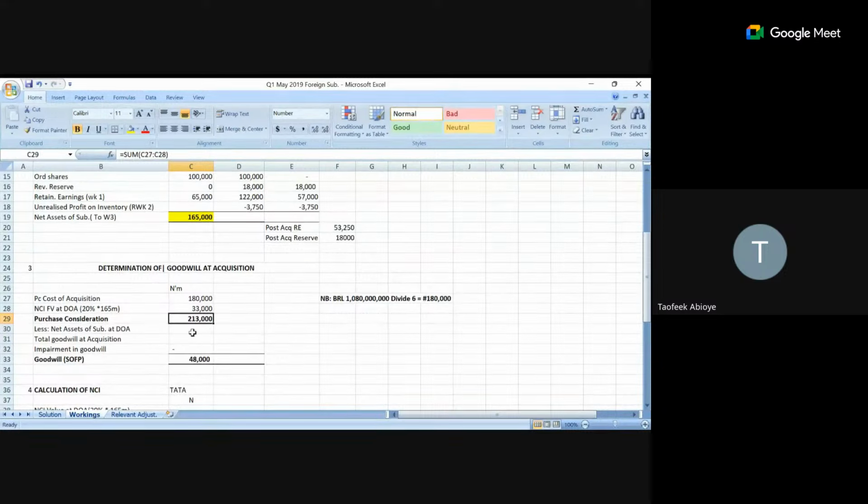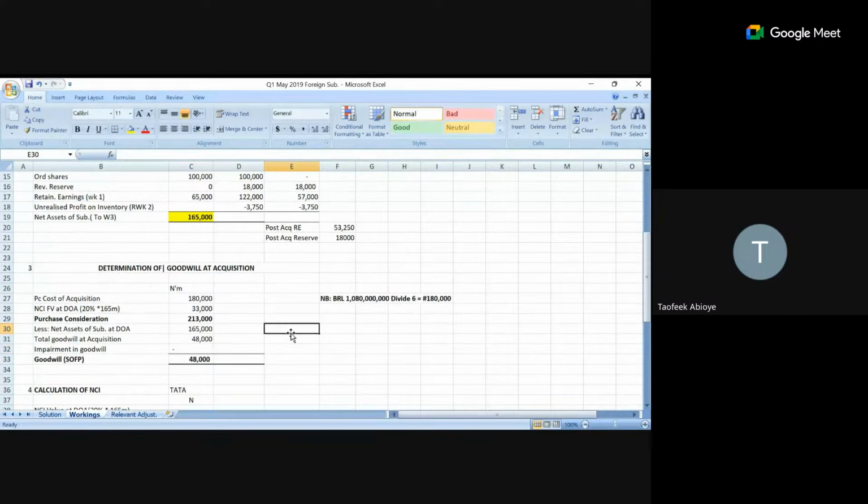Now, what is our net asset at our DOA? I've set it here, working note 3, copy and paste. Then we get our goodwill. Goodwill at acquisition date will be purchase consideration minus net assets. Now, according to the question, there is no impairment, abi.